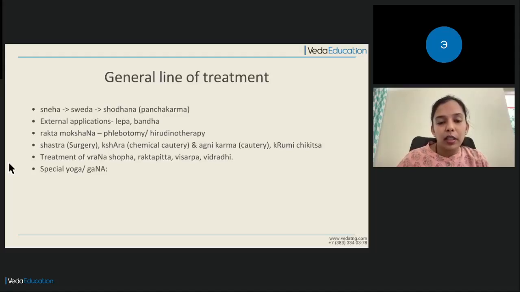So depending upon the specific presentation, there are many options for treatment, and we can go for any of these options. It could be Raktamokshana or surgery or chemical cautery or even cautery, or sometimes even Krimi Chikitsa, the therapy for the Krimi, parasite therapy is also very useful.